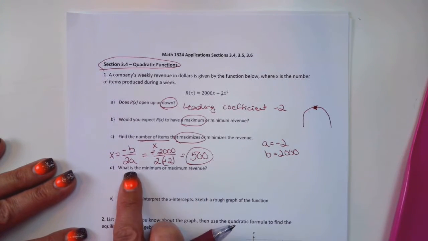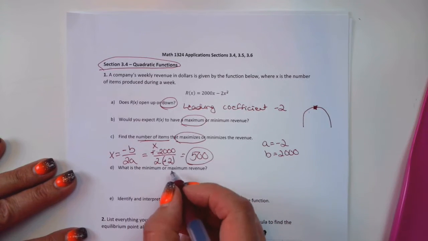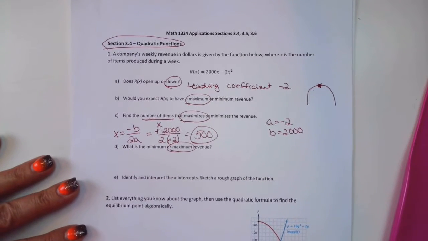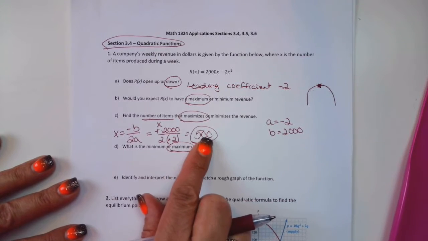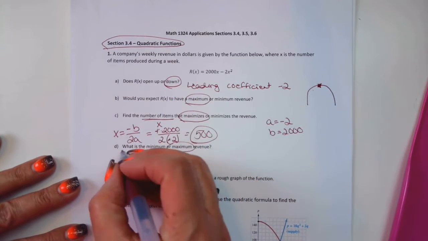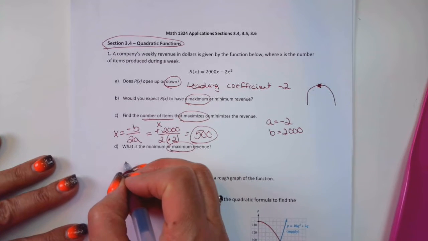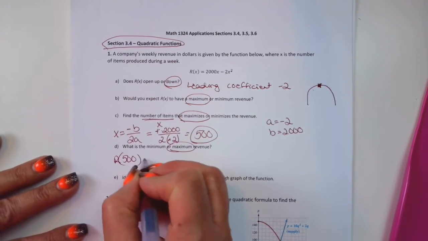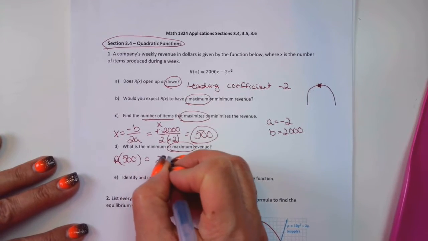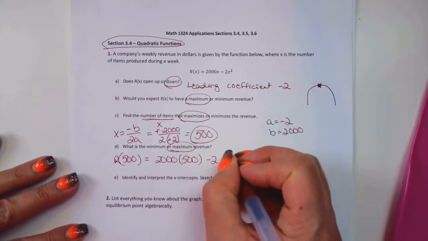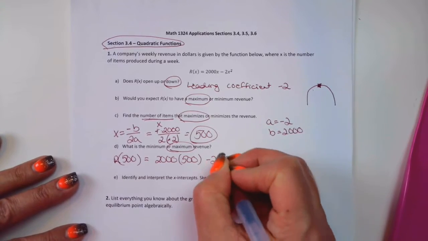Now, next we need to find the maximum revenue, what that is. So what we're going to do is plug that 500 in where we have the x, and then solve that. So R of 500, that would be 2000 times 500 minus 2 times 500 squared.